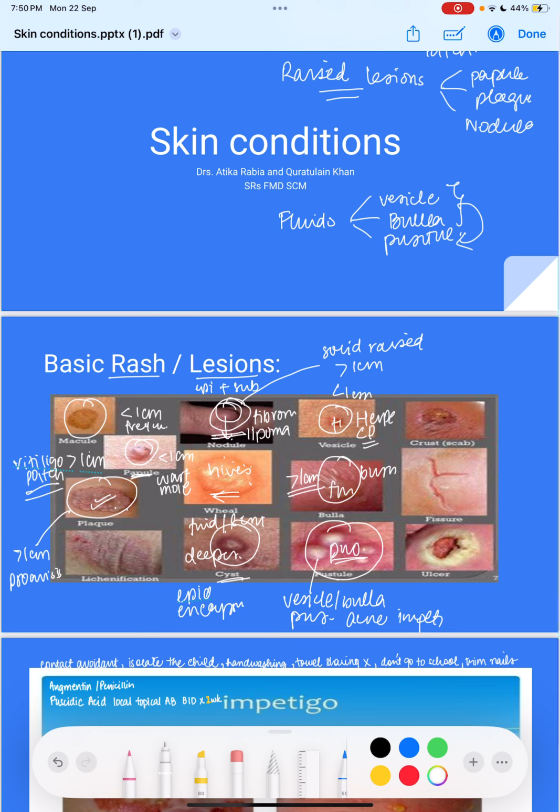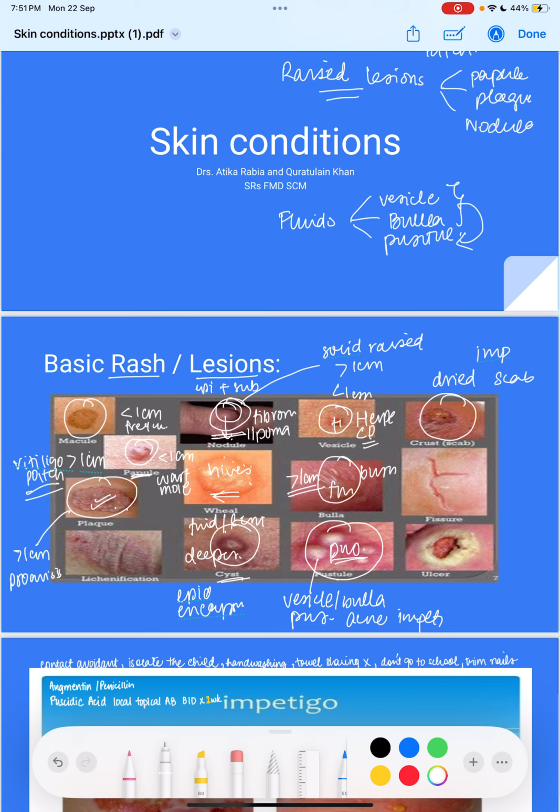Okay, after that let's see what is a crust? So crust is basically a scale, so it's like dried, okay? And it's basically like a scab. Like, for example, in impetigo there is also crusting. And then we have scales.